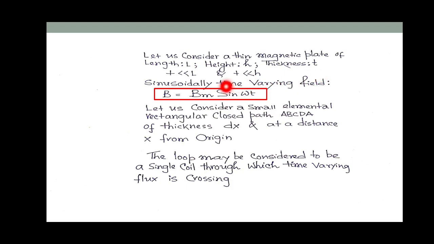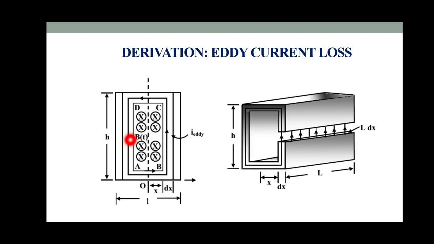Now this thickness here is very less than the length, and the thickness is almost negligible as compared to the height. Now a sinusoidal time varying field in the perpendicular direction, as you can see, this field will move in the perpendicular direction of the current in this way.